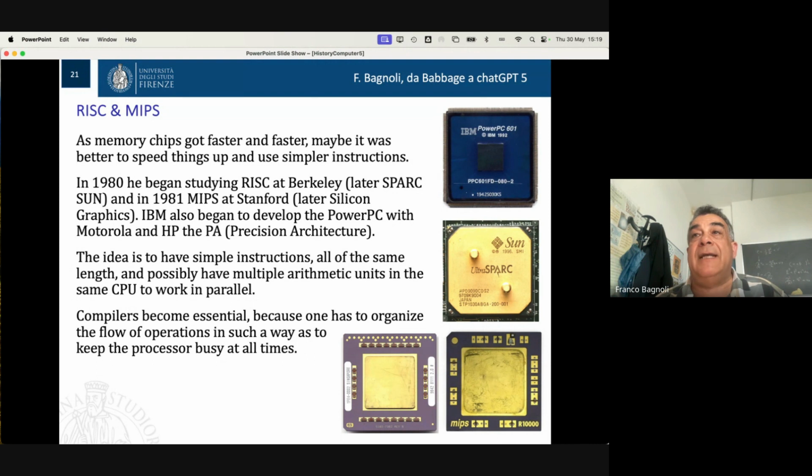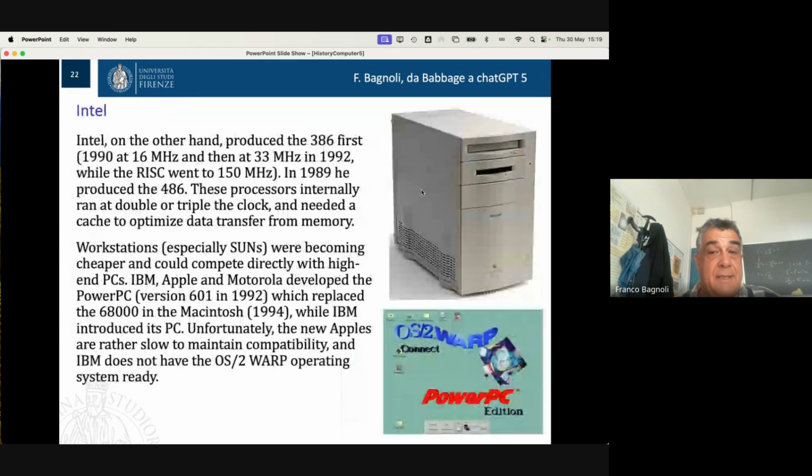Every time you installed a new version of the compiler, you saw the same program running faster just because it had a new optimizer. So here are examples of RISC from IBM, from Sun, from Silicon Graphics, and this I don't remember, maybe DEC, no, HP. And this was the final trend, the one that is successful today.